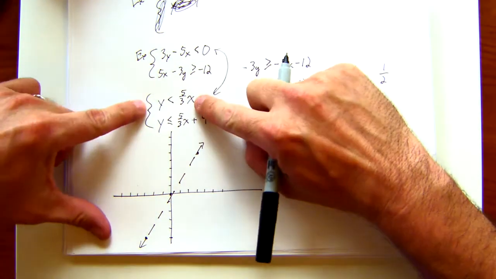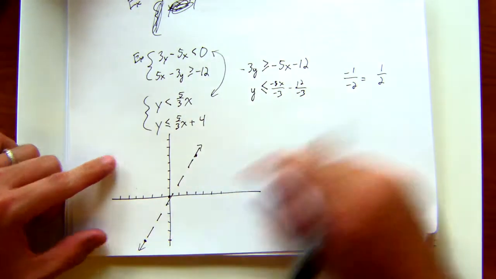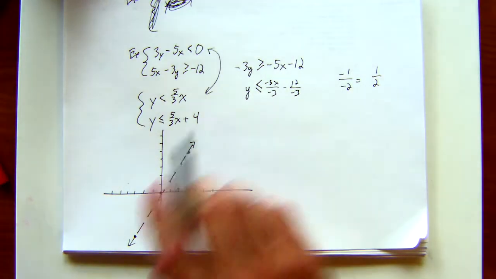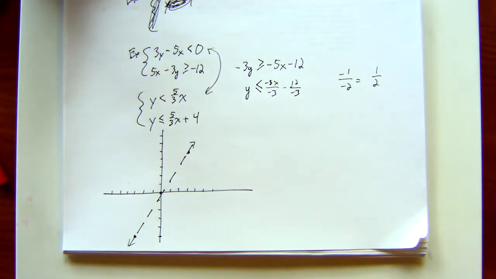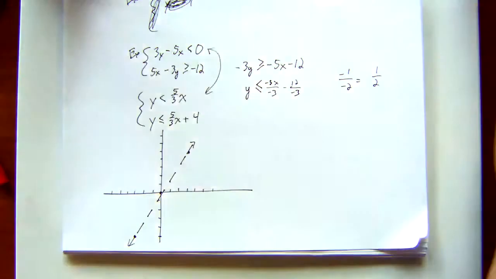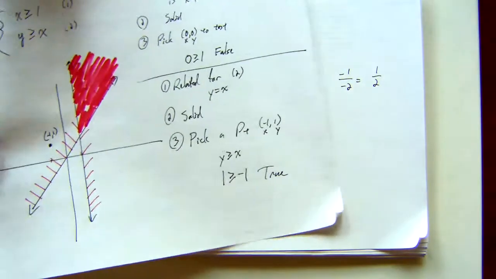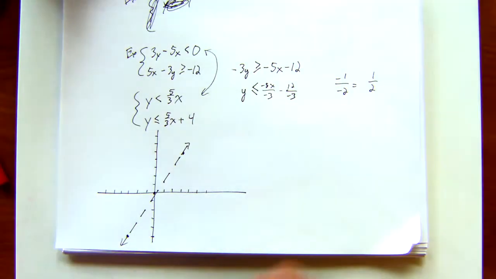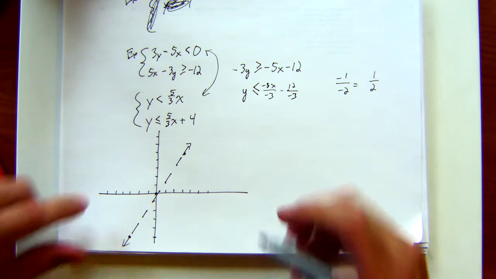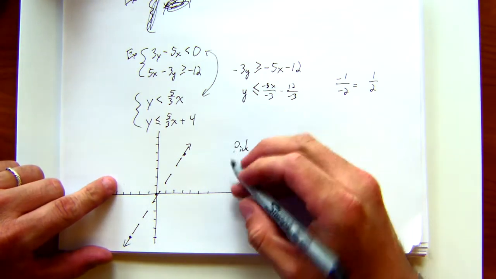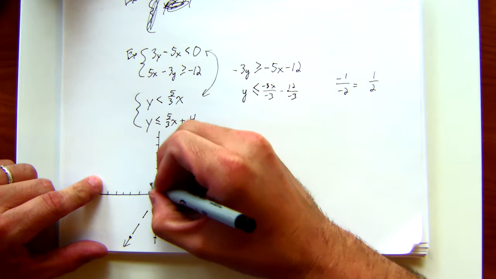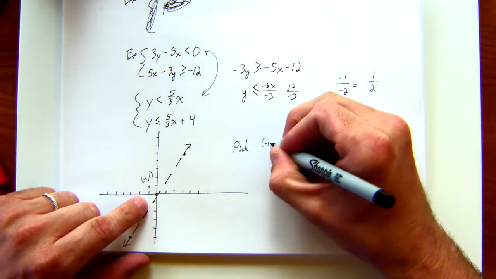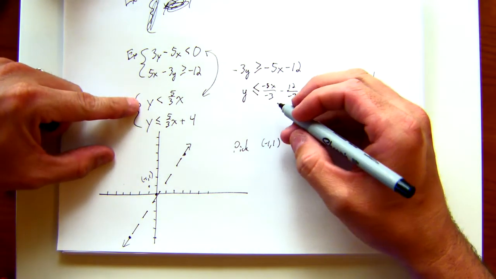Okay, so this inequality gave me this line. What about this one? Well, what else do I need to do? Going back to my steps, for each one, I need to now pick a point, right? So what point do you want to choose here? I'm just going to go with negative 1, 1 again. I'm going to test it here.